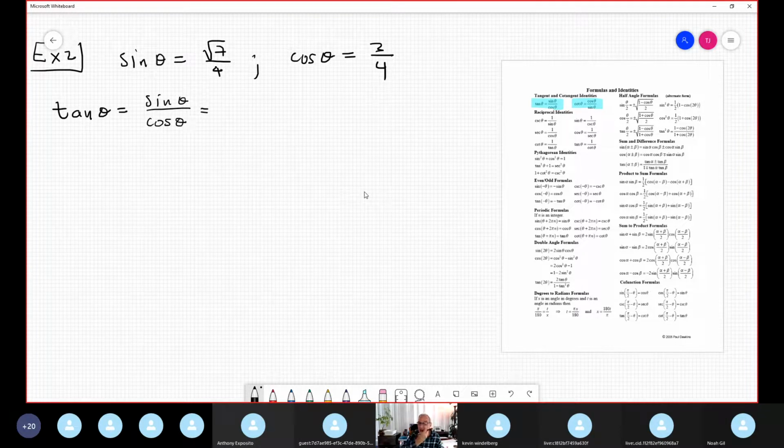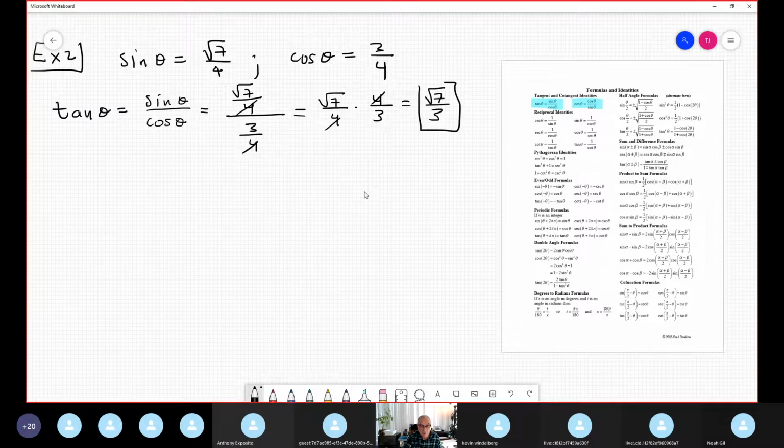That formula we use every day in this class, and you use it every day in calculus. Entonces, sine es radical 7 over 4 divided by 3 over 4. Es radical 7 over 4 times 4 over 3. The 4 is cancelled. You can do that here directly if you want. Es radical 7 over 3. End of the story. We finish.